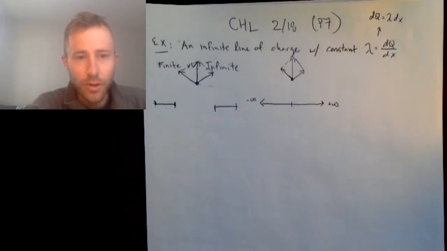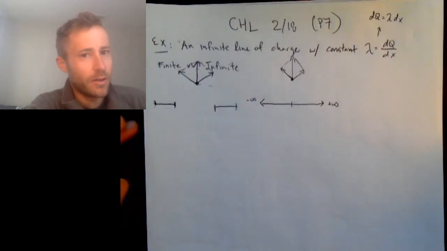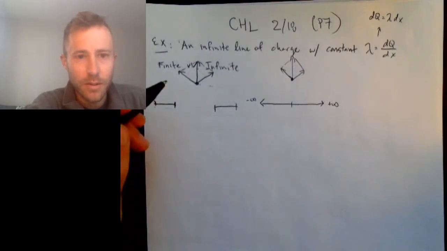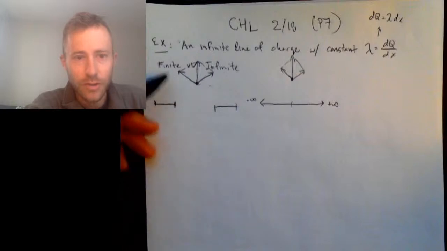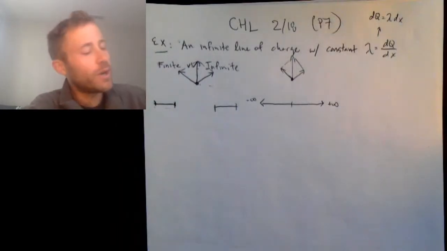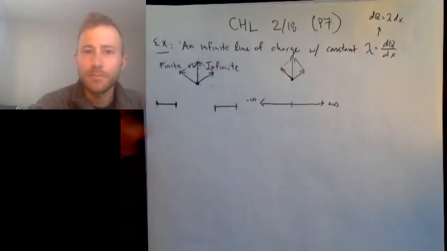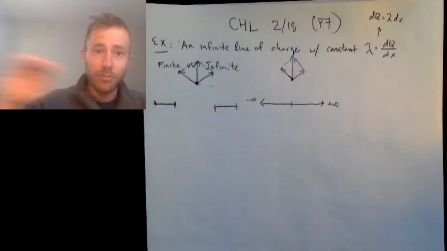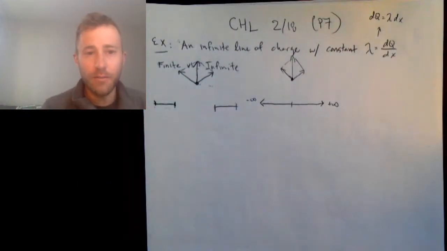So the key point here is that whereas a finite segment of charge is going to have both an x and a y component, if you have an infinite line of charge, then the x components cancel out and you only have a y component.